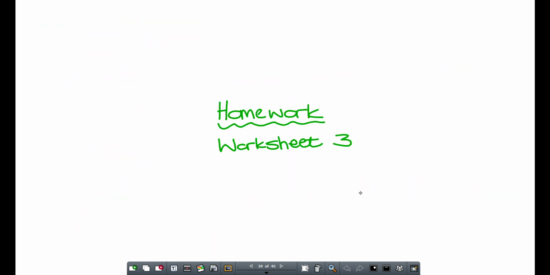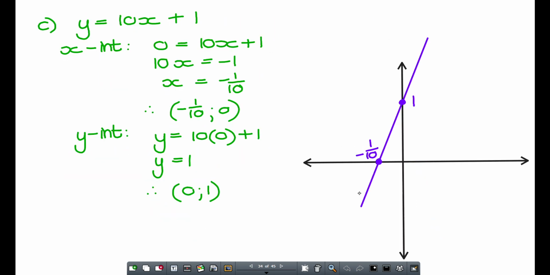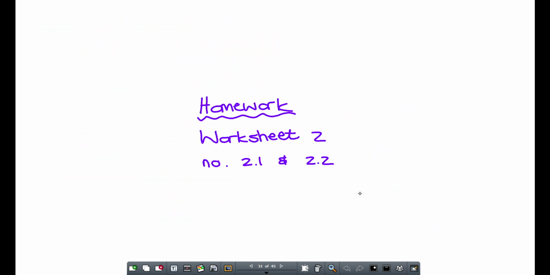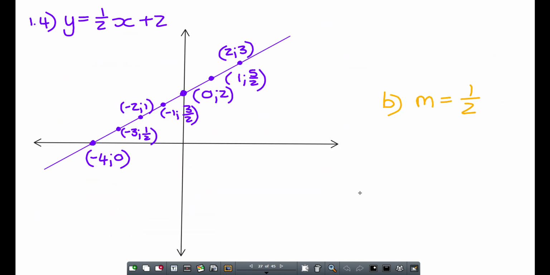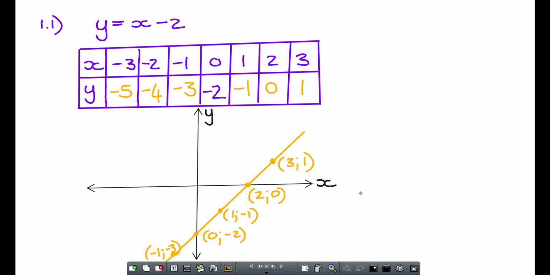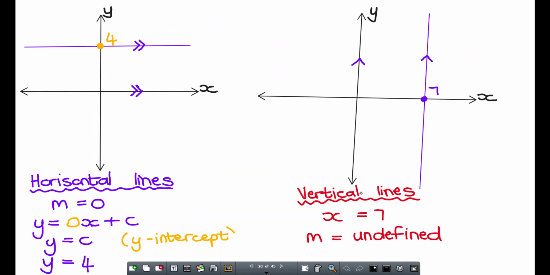Remember when we spoke about gradient, people? You can also page back in your notes. This is way back. There we go. Remember when we spoke about horizontal lines and vertical lines? We said a horizontal line will have no gradient.